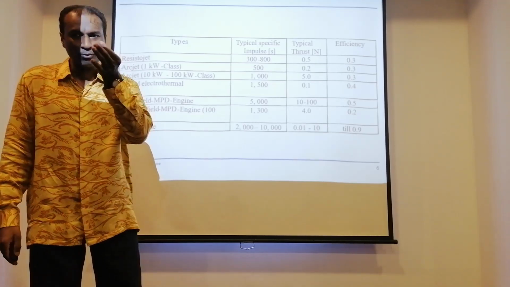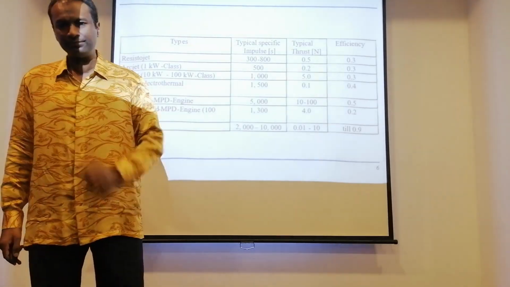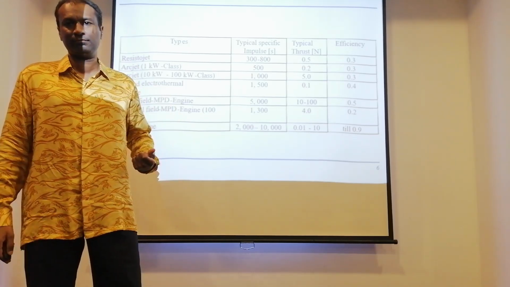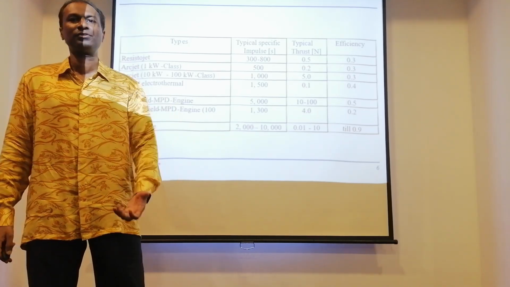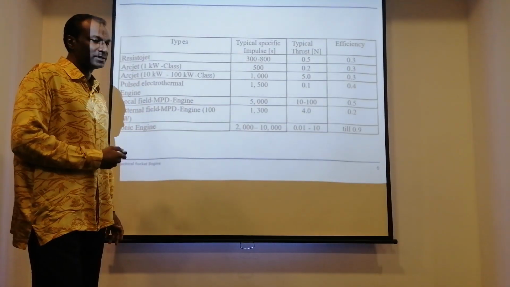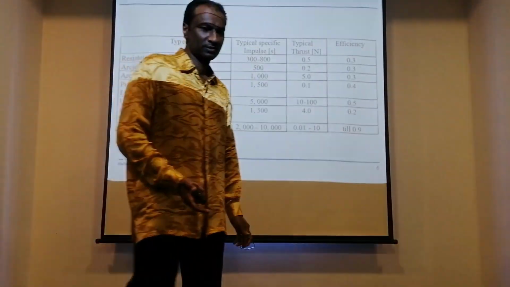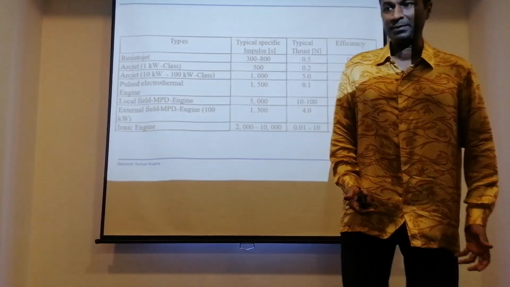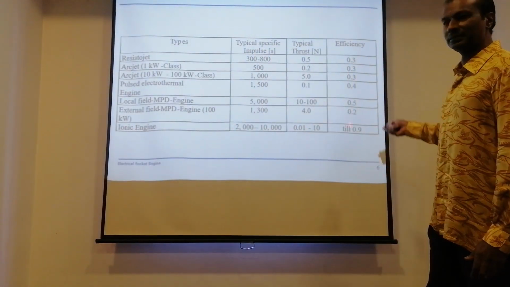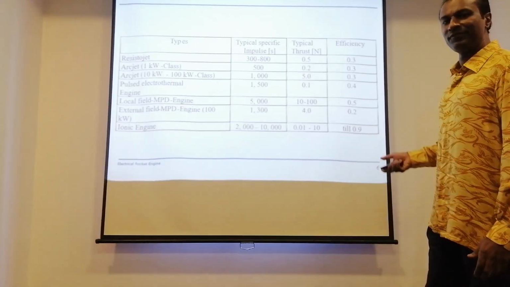Because there is so small an amount of fuel that you put in and so much delta V that you can get, the engine is so efficient. Remember the specific impulse. Specific impulse tells you the efficiency of the rocket engine. So higher specific impulse means higher efficiency.